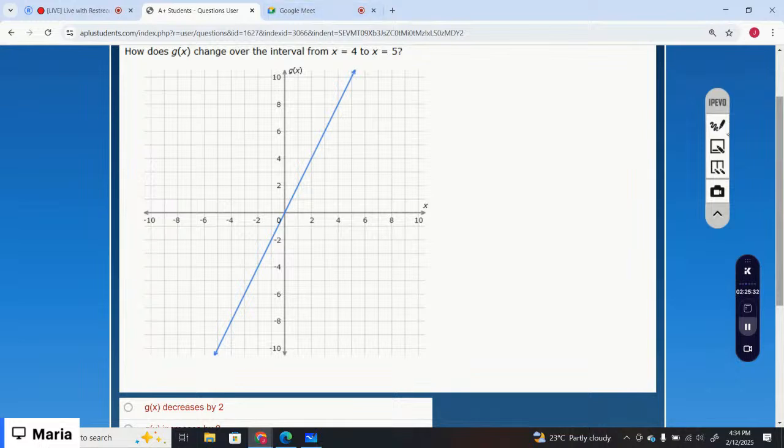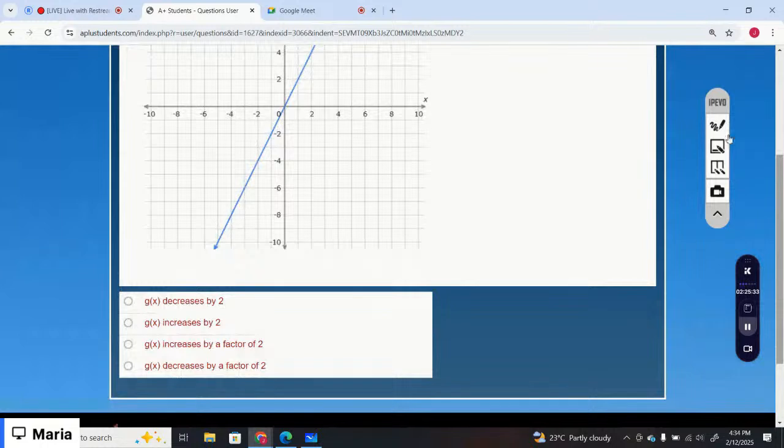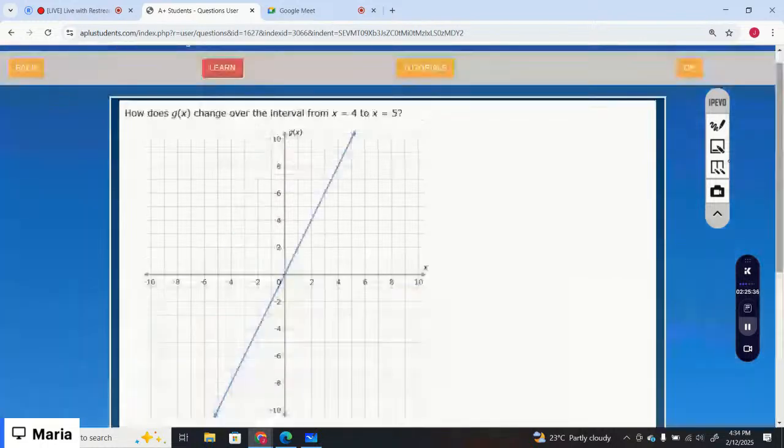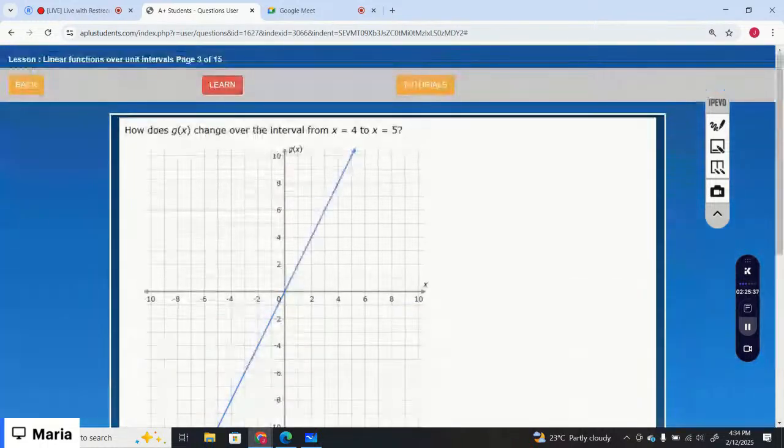That is increases by 2. G of x increases by 2. Option number 2 is the correct option.